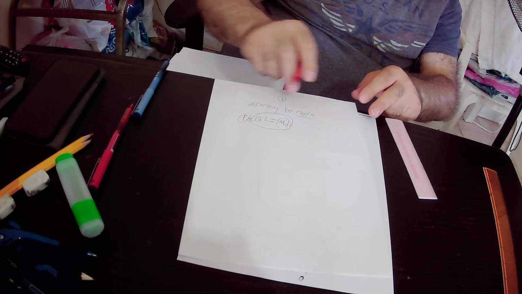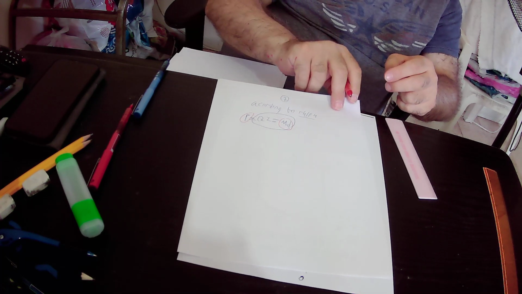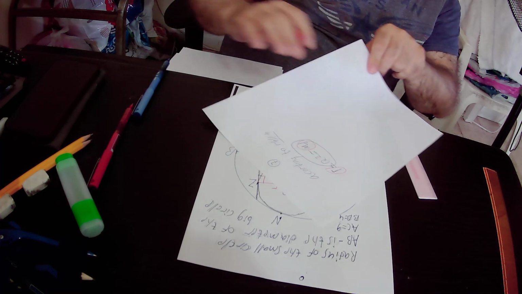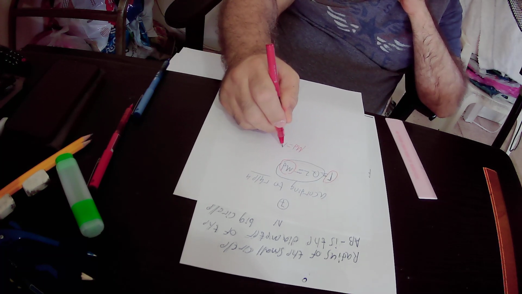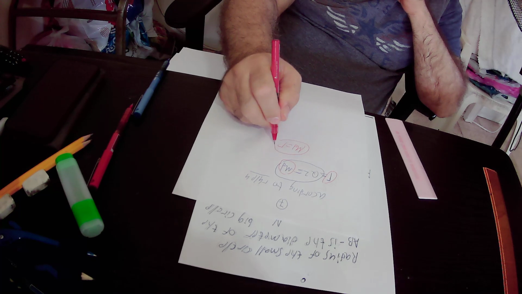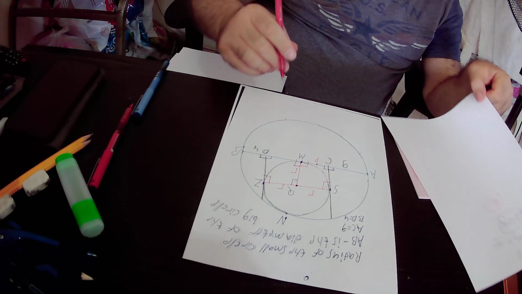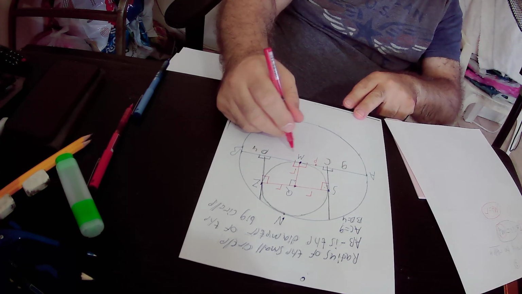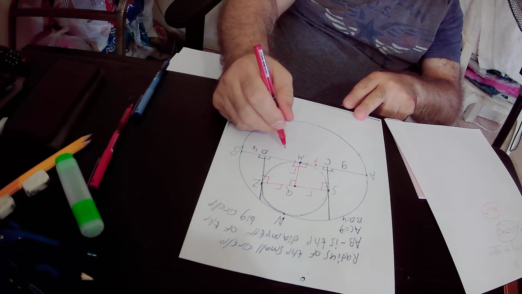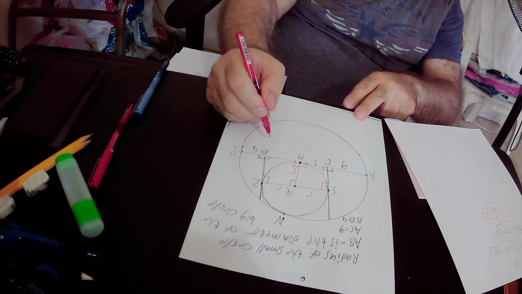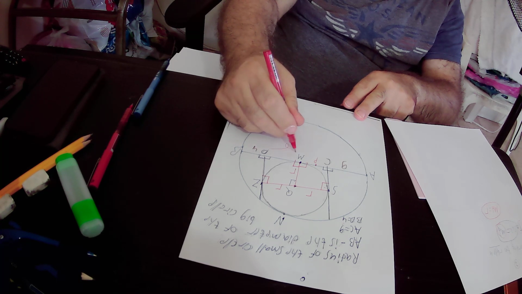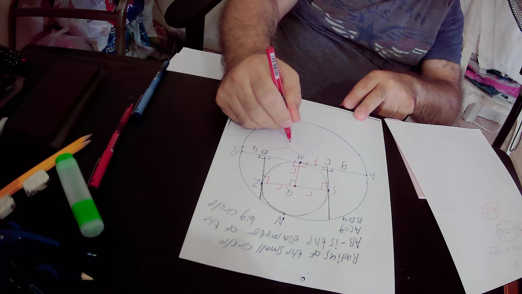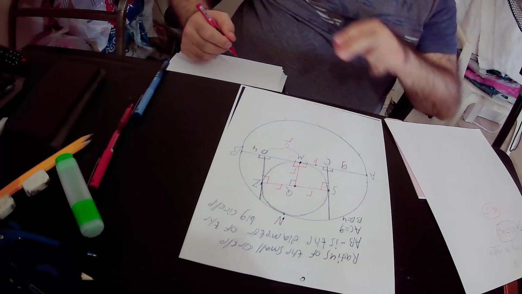Okay, we can derive this equality that MD equals R. MD equals the radius of the small circle. So we can write here that MD equals R.